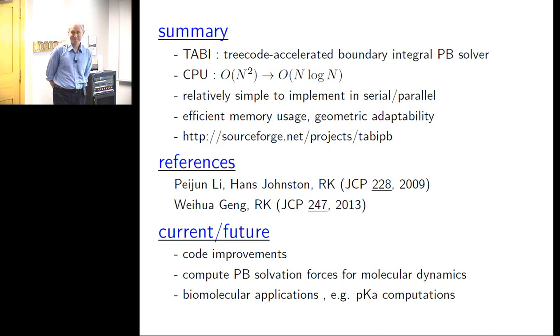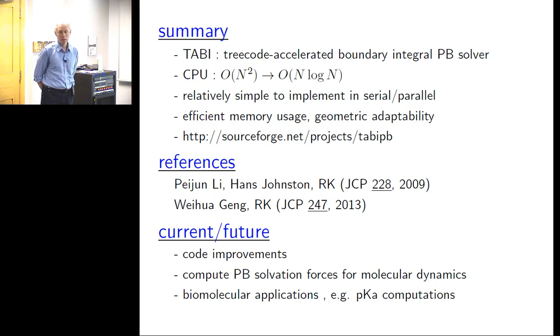Any other questions? So how fast do you need to be for MD simulations with PB? How fast do you want? I mean, we would have to run AMBER MD simulation, and then see, say using APBS over there, and compare with TABI.